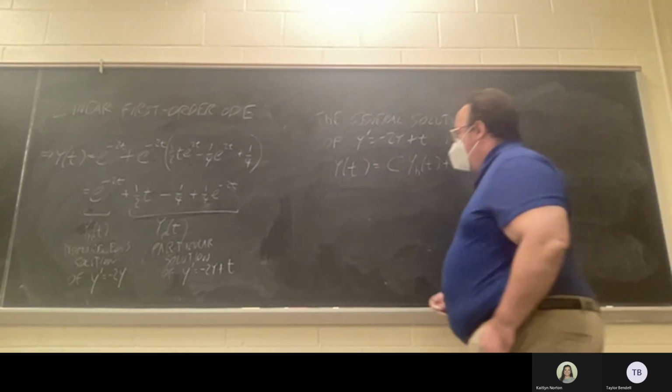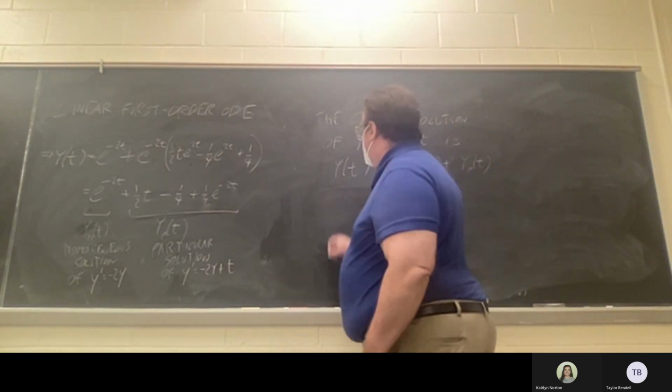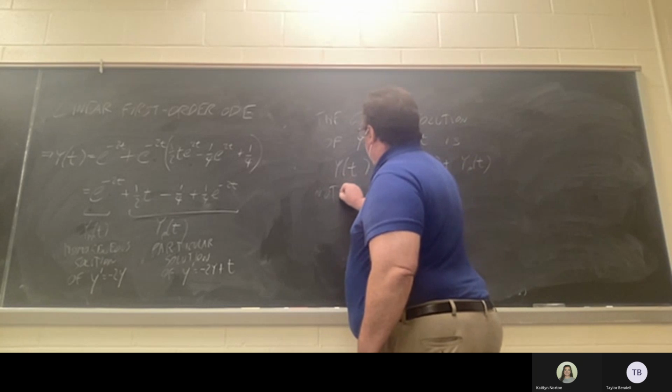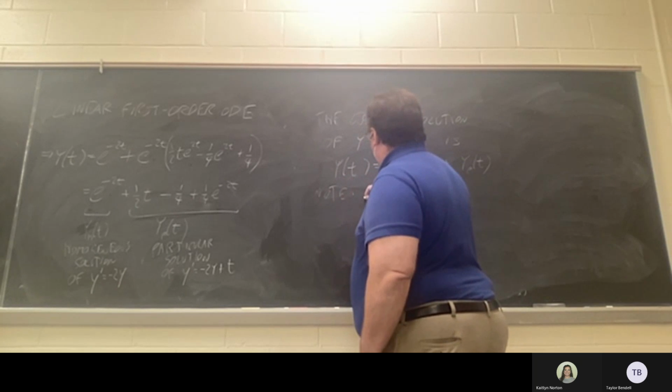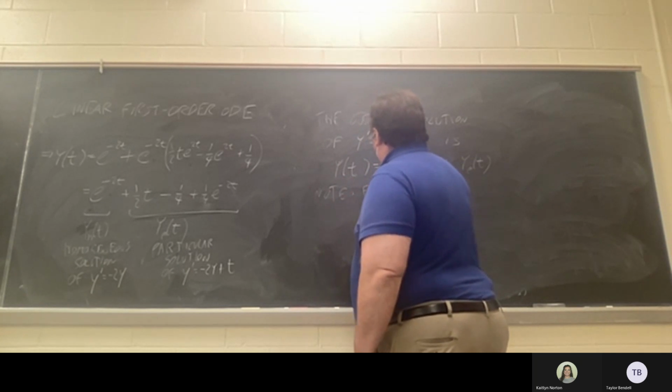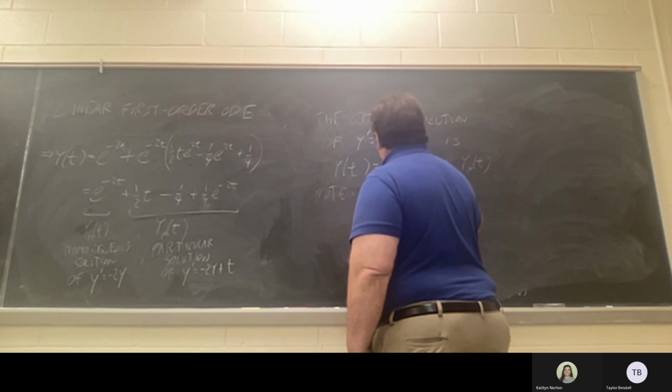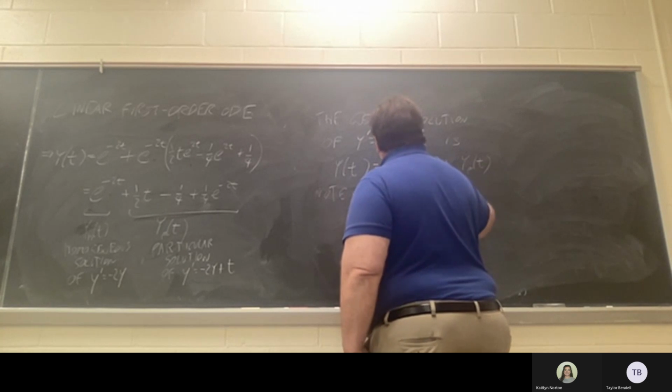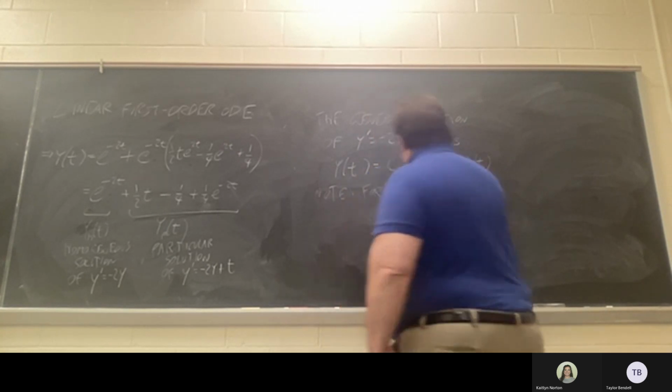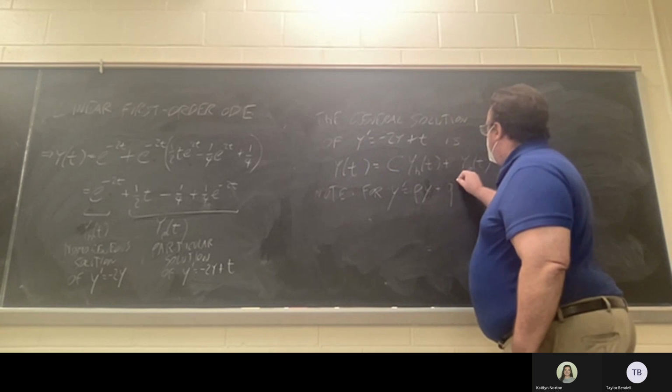Now, if you look at the particular solution, we're solving this ODE, y prime equals constant times y plus q of t.